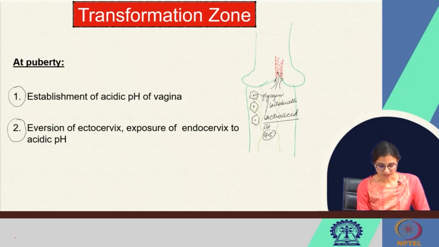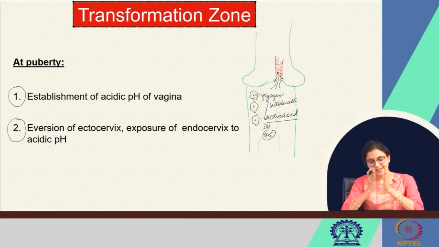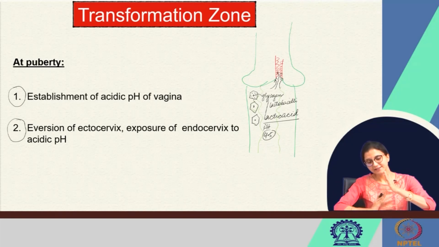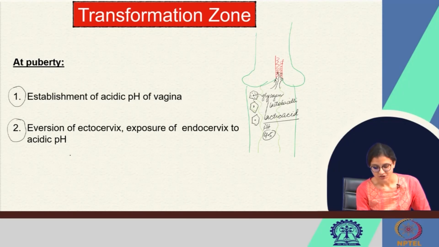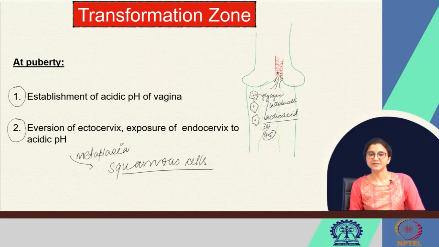So, the vaginal pH becomes acidic, the ectocervix gets everted, and the vaginal fluid comes in contact with the endocervical cells which are columnar. The endocervical cells in acidic pH undergo metaplasia and form squamous cells. So, the columnar cells are getting converted to squamous cells by a phenomenon known as metaplasia.